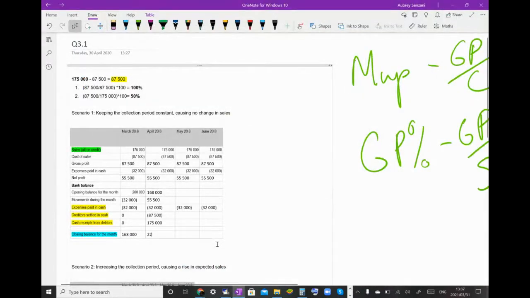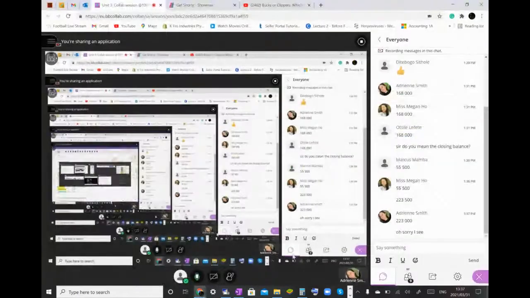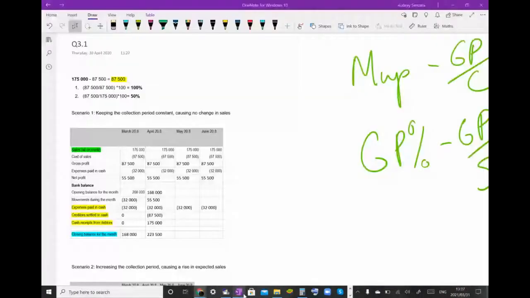Okay, so 223,500. Right. Let's see what people are saying there in the chat. Oh, no problem. Right, so again, this closing balance becomes our opening balance for the next month. So we can copy and paste that over there.